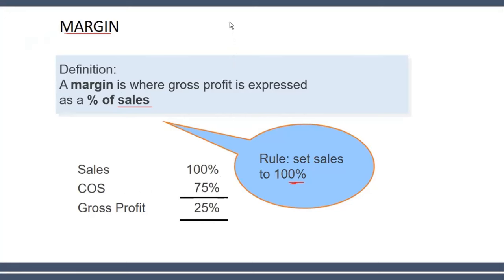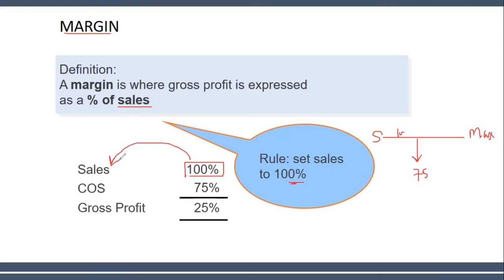So in the case of margin, sales price is the maximum limit, and sales price is 100%. Cost is below that. Cost might be 75% or 80%, whatever, but cost is less than 100% because 100% is the maximum limit, and it goes to the selling price.